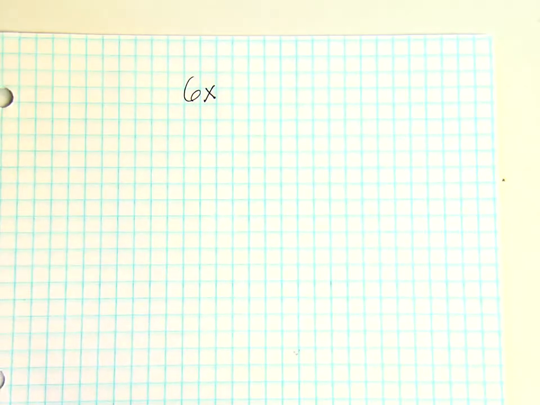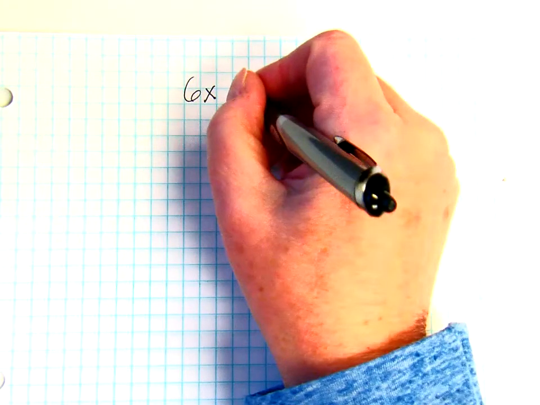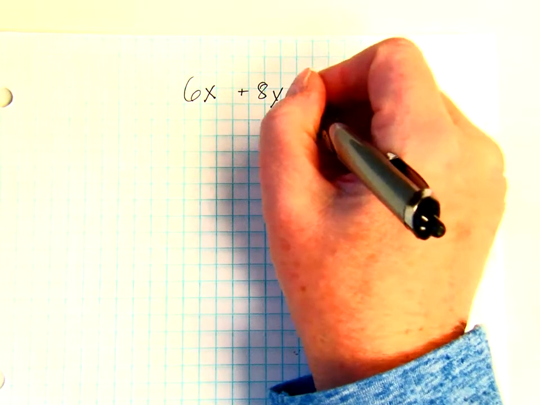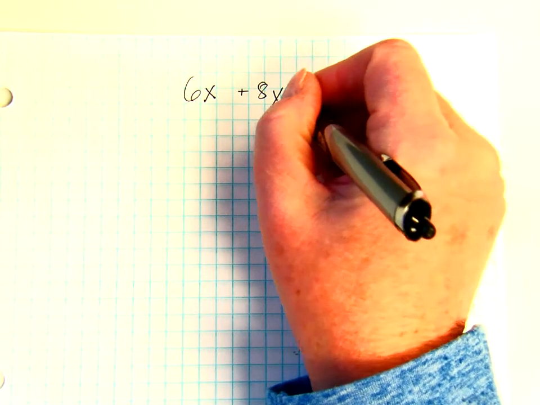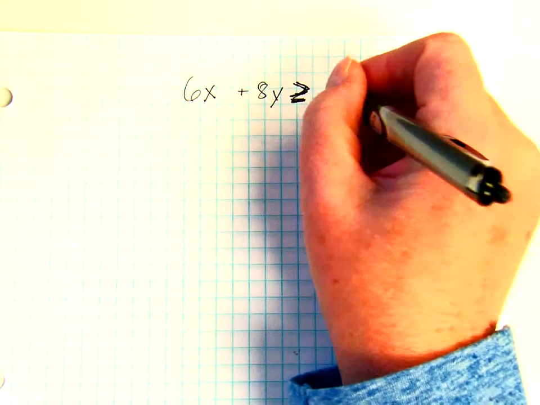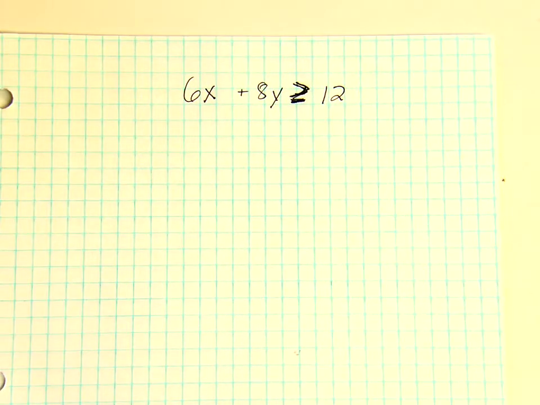So let's go ahead and graph another one, and let's say we've got 6x plus 8y is greater than or equal to 12. You really can't see a darn thing there. I'm so used to doing the equalities that sometimes my writing of the inequality is wrong.